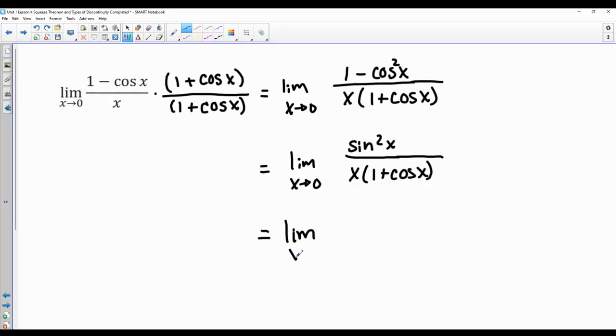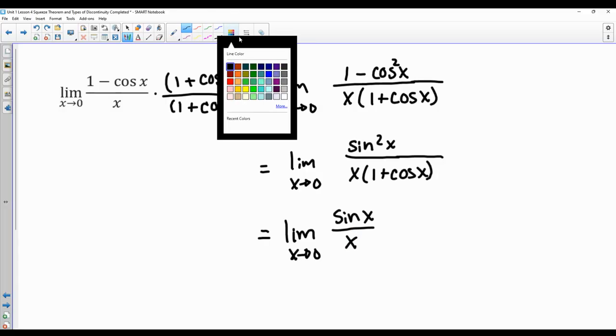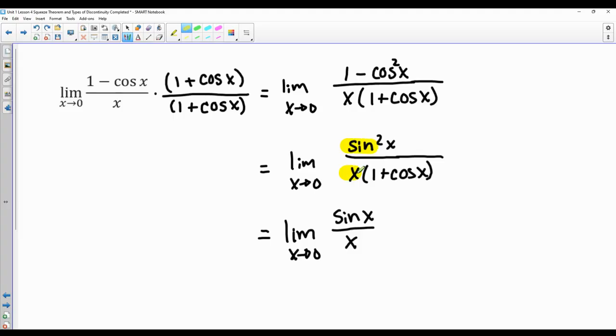Well, we can look at the limit as x approaches 0 of sine of x over x. That is one of these sines and the x. But we have technically sine squared, which means we have two sines being multiplied in the numerator.